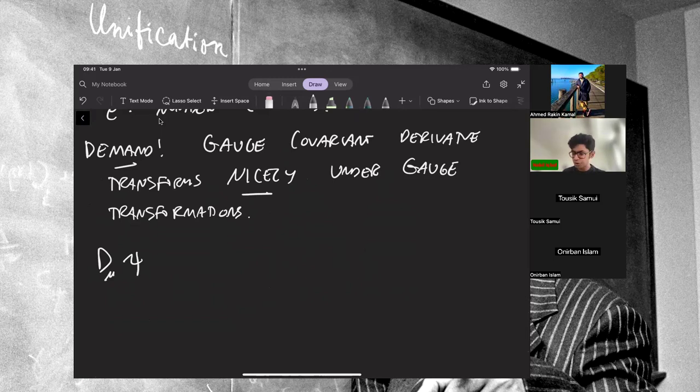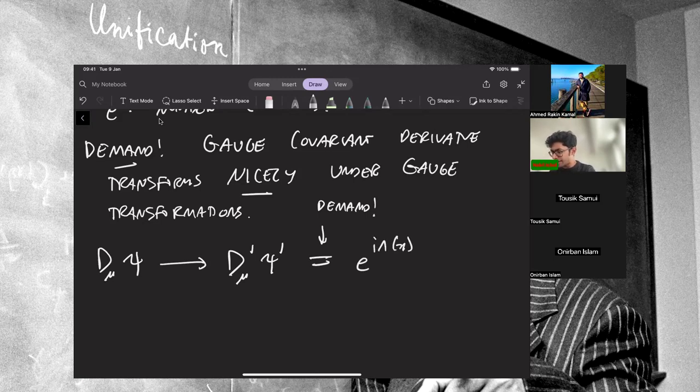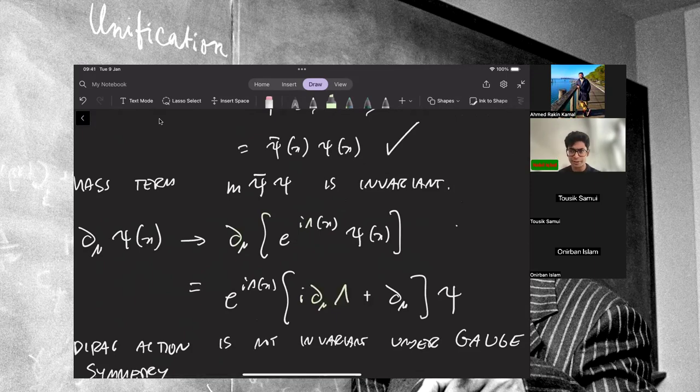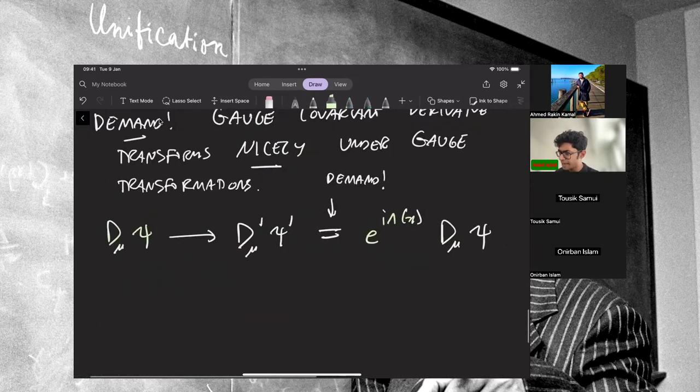If I have this D_mu psi, then under a gauge transformation, it becomes D_mu prime psi prime. And my demand here is that this is equal to e to the i lambda of x D_mu psi. In other words, I am demanding that this derivative transforms with an overall factor of e to the i lambda out front, not in this terrible way with this partial_mu lambda floating around. Okay. So this is what I'm going to demand. And now we should see what we need to happen to A to make this happen.